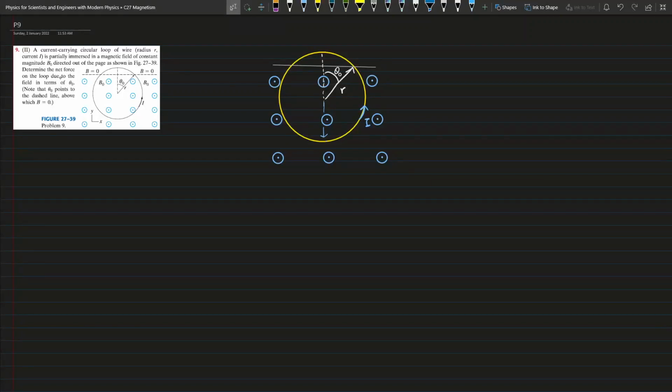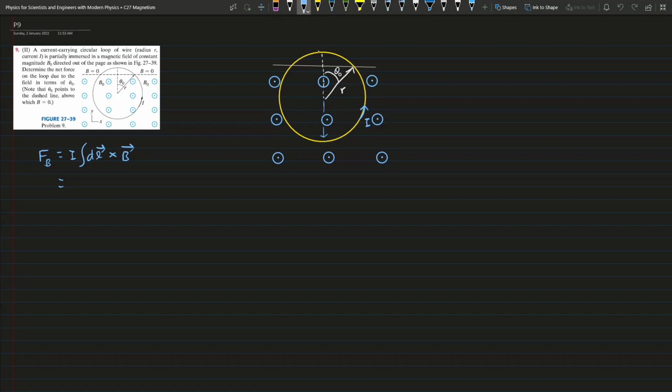We are asked to find the net force on the loop. So we know the force formula is given by F_B equals I integral dl cross B. Now the question is, what is this dl?